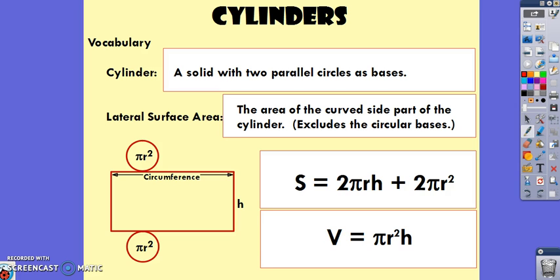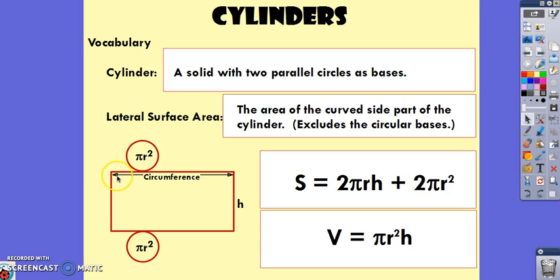Here's all that lovely information written out. Our cylinder is a solid with 2 parallel circles as bases. The lateral surface area is the area of the curved side part of the cylinder, not including the bases. I kind of like this diagram over here where it shows the 2 circles that are pi r squareds.